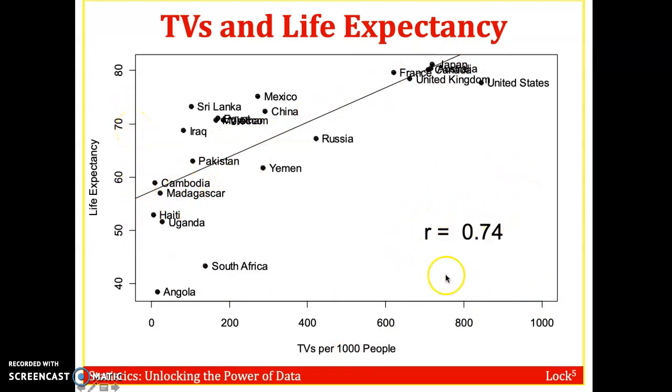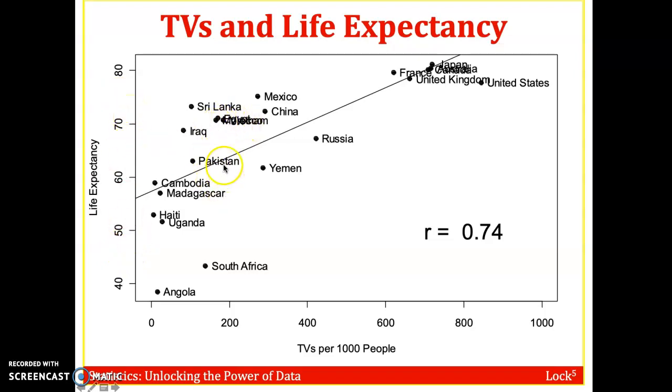And like I said before, this number here is pure mathematics. This is a mathematical construct that we have computers to calculate for us. But I think almost any human could look at this and say, well, we don't want to give more TVs to countries. That's not going to increase life expectancy.